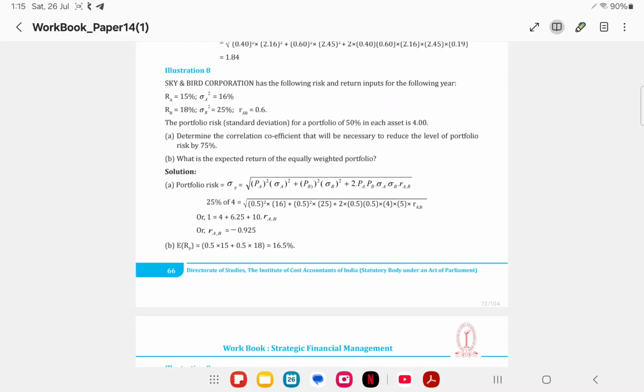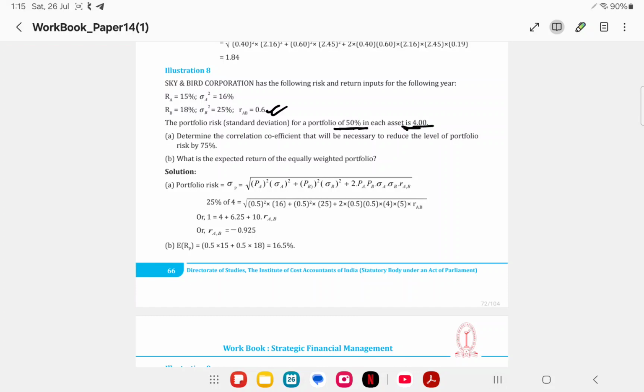Illustration number 8 says that Sky and Bird Corporation has the following risk and return inputs for the following year. Basically the risk and the returns are given. Variance is given, not standard deviation, and the correlation coefficient is given. The risk, the standard deviation of a portfolio of 50% in each asset, is 4.